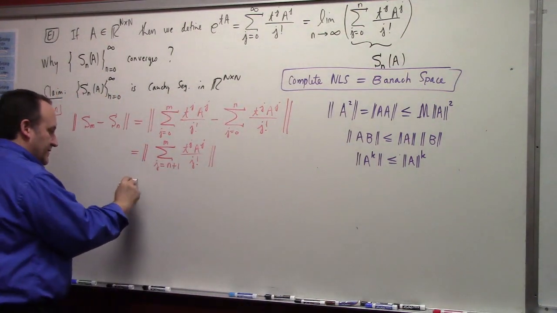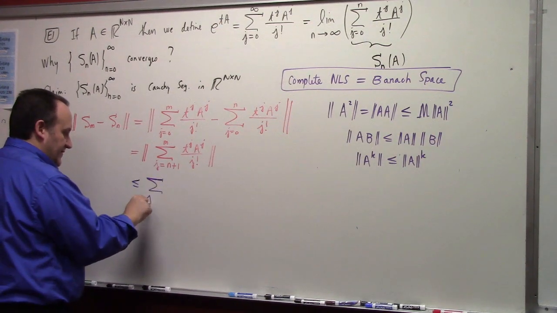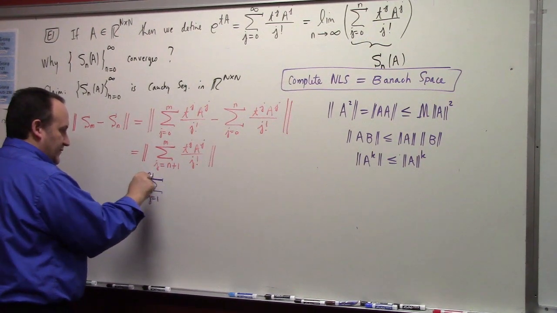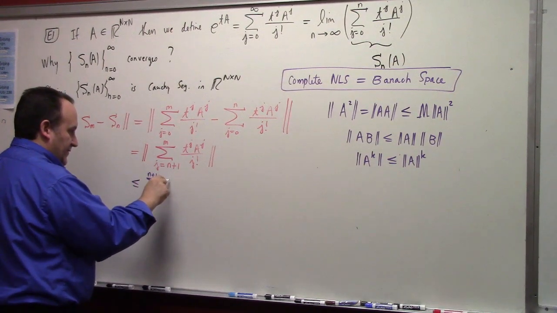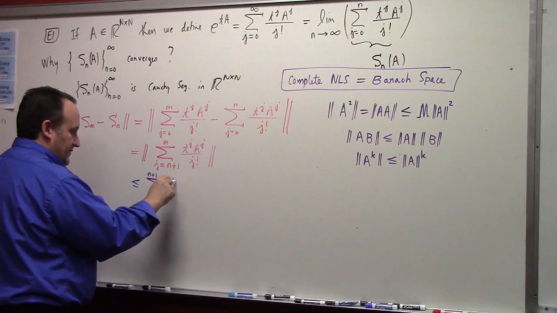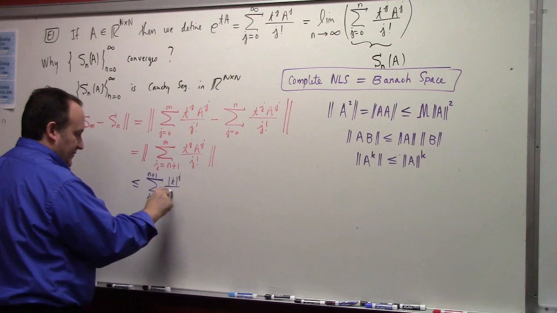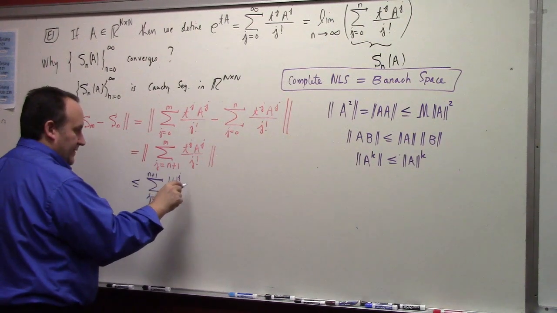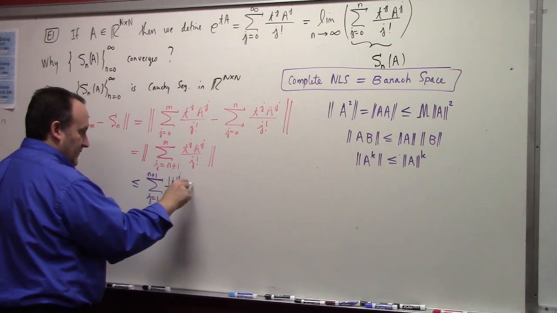So here, this is less than or equal to, by the triangle inequality, the sum j equals 1 to n plus 1 of the absolute value of t to the power j divided by j factorial, and then the norm of a to the j.